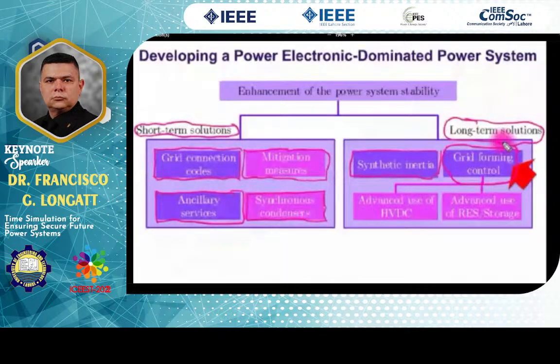And second, because we are not using the classical synchronization mechanism based on PLL, this kind of synchronization is based on angle or based on power. As a consequence, these kind of converters with this kind of technology, they are more stable and they are adding more stability to the electrical power system.